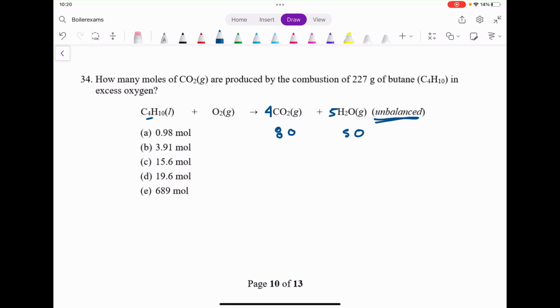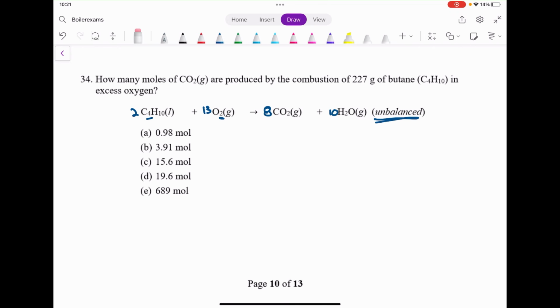Okay, and our oxygen is in factors of 2, which means I couldn't just put a 6 or a 7. If I did a 6, I would get 12 O atoms on the left-hand side. If I did 7, I'd get 14. So we've got to times everything by 2, and then this is going to become 13, I think. I'm just guessing here. Let's see if I did that right.